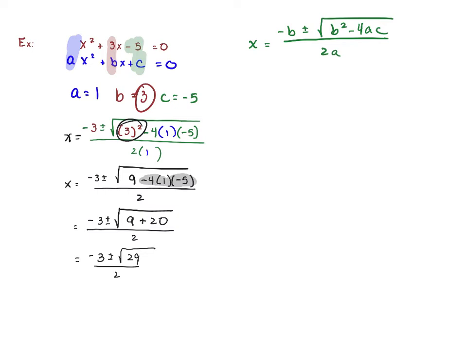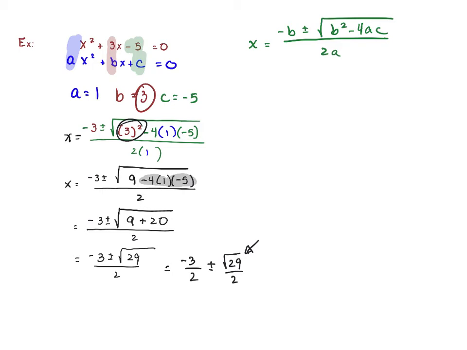But this is the same thing as negative 3 over 2 plus minus root 29 over 2, like that. Just separating that fraction into its two parts with a common denominator of 2. Now this 29, if we could simplify that, break it down, for example, if that was the square root of 25, we'd rewrite that as just a 5, because you can square root 25.